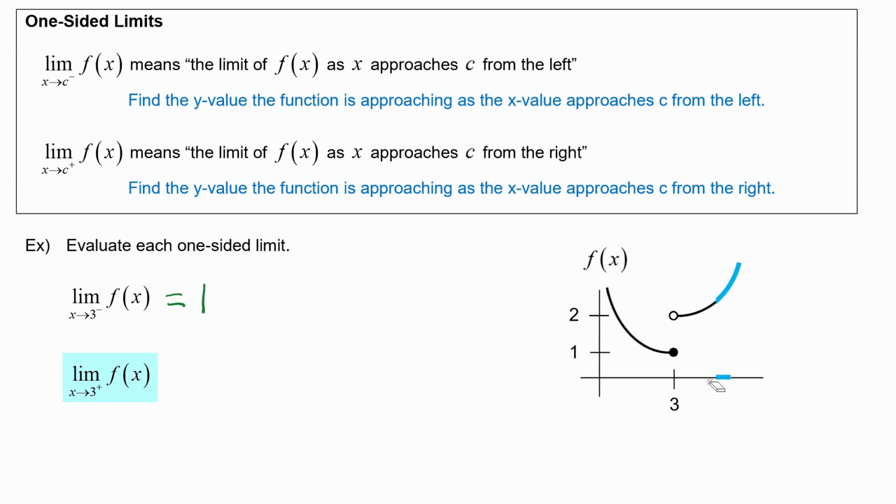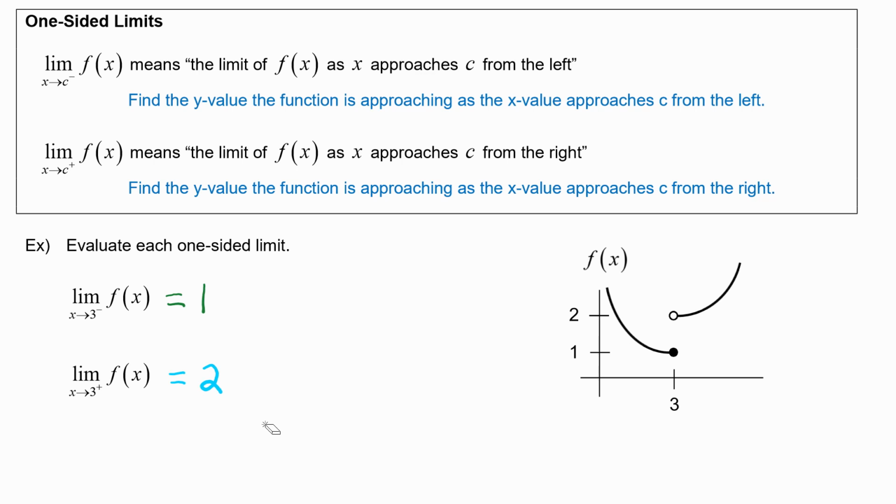As the x value gets closer and closer to 3 from the right, the y value is getting closer and closer to 2. So we say that the limit as x approaches 3 from the right of f of x is equal to 2.